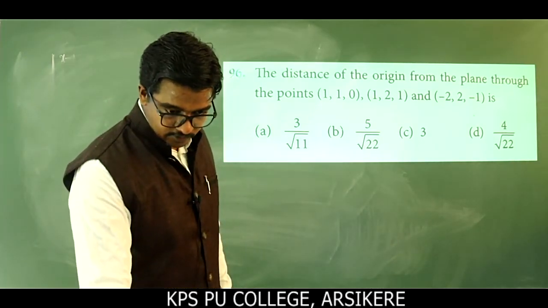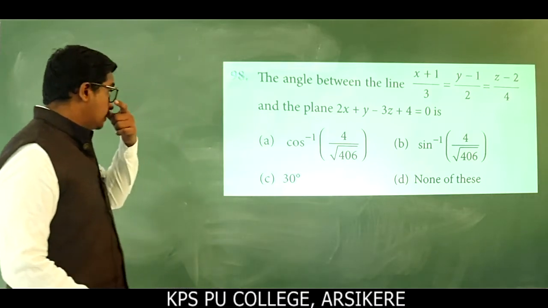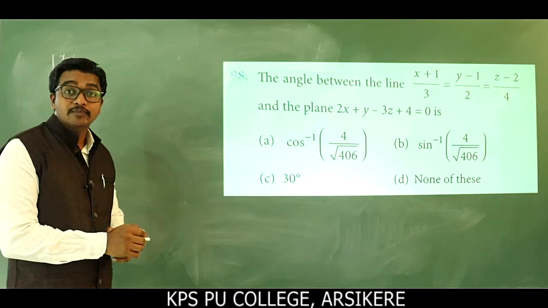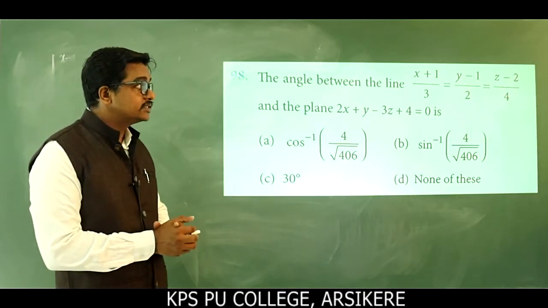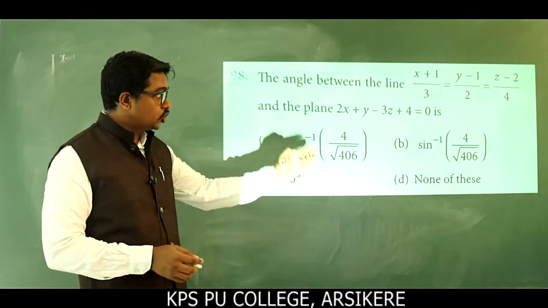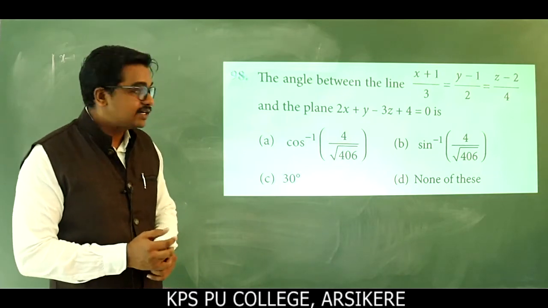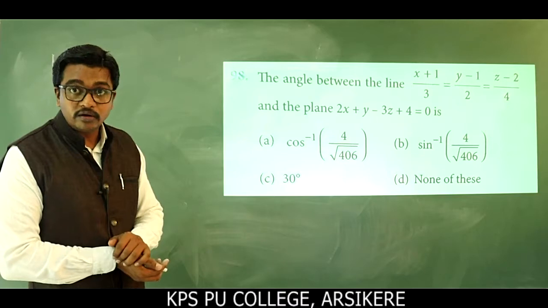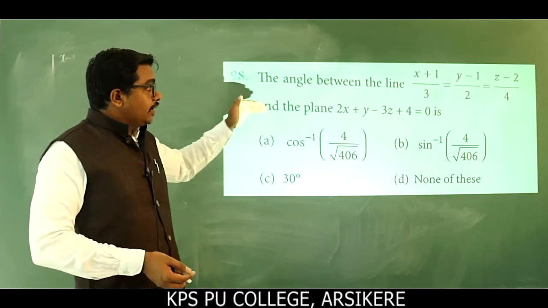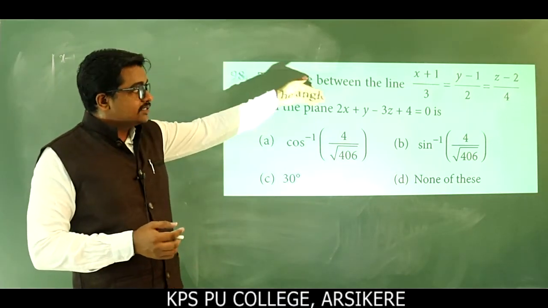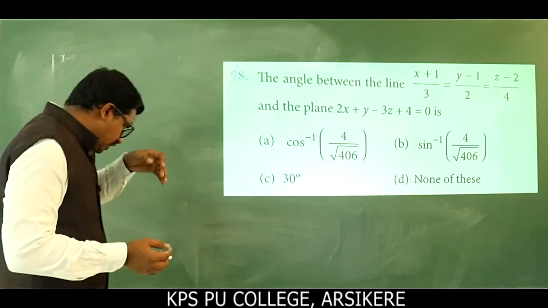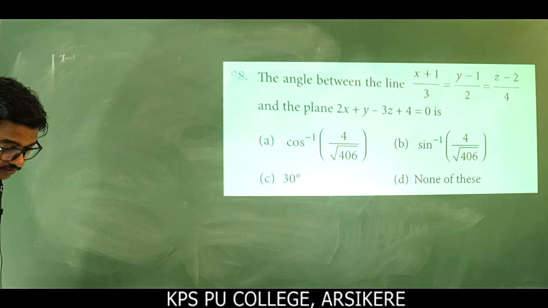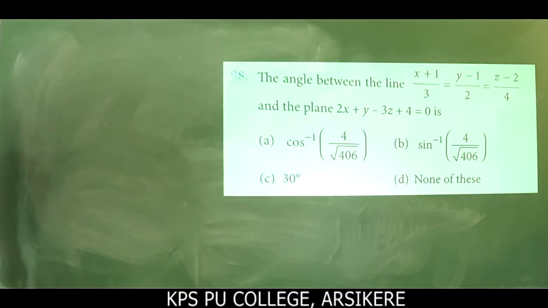The angle between the line (x plus 1) divided by 3 is equal to (y minus 1) divided by 2 is equal to (z minus 2) divided by 4, and the plane 2x plus y minus 3z plus 4 is equal to 0 is. Here we need to find the angle between the line and the plane.